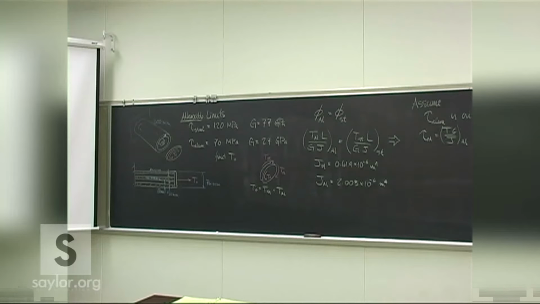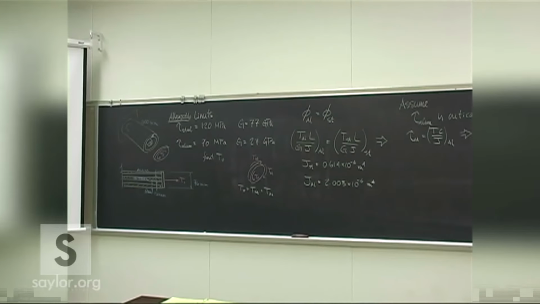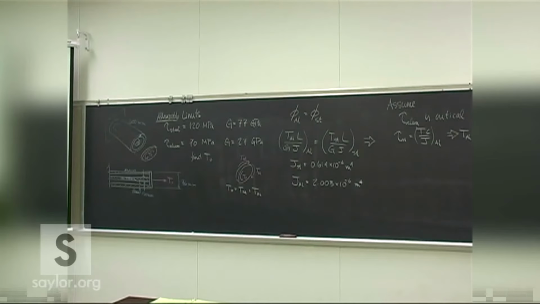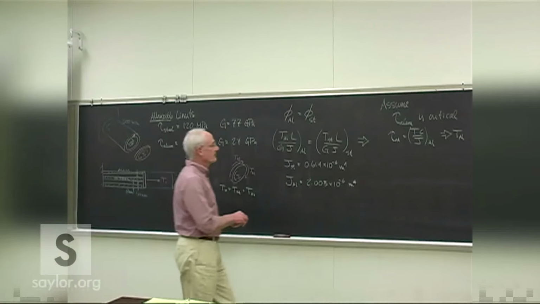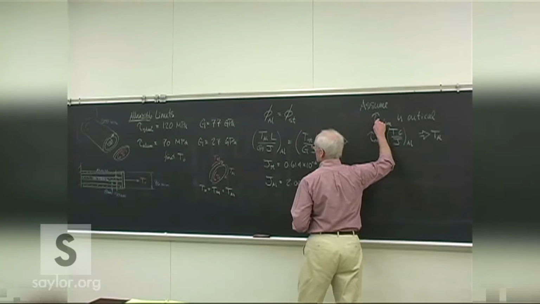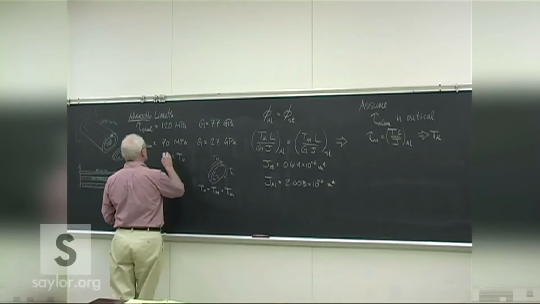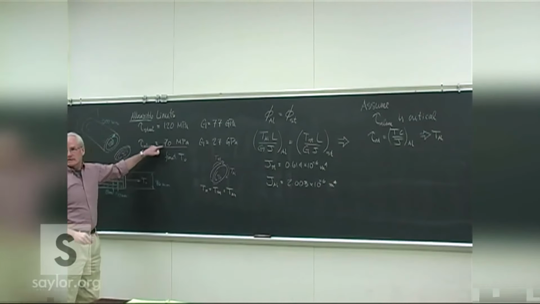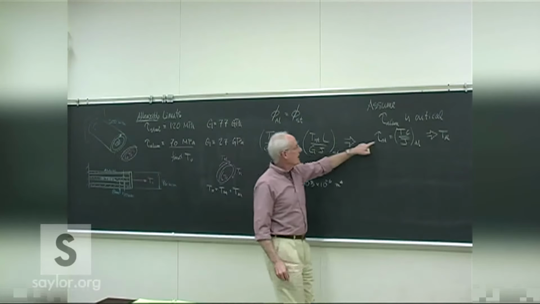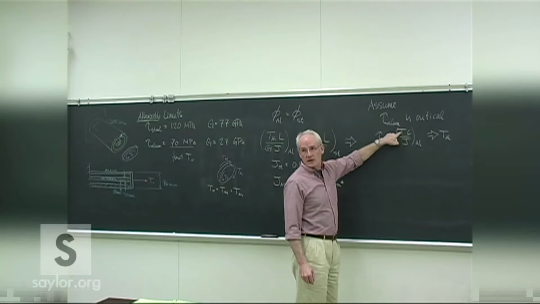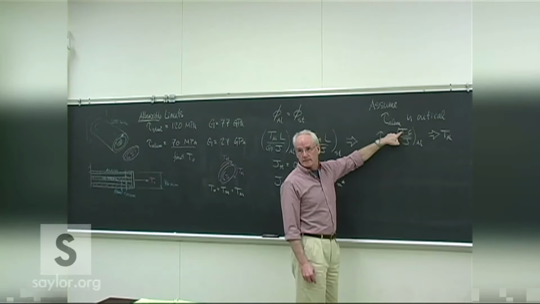All right, everybody understand a bit of the game plan then, solving this problem? Joey, make a little sense? Assume the aluminum stress is critical. Put that in here, then we can solve for the torsion on the aluminum.